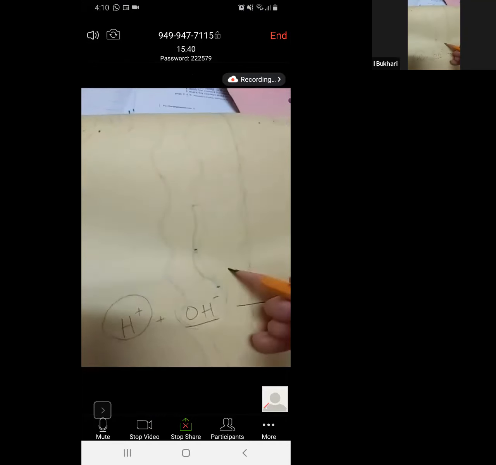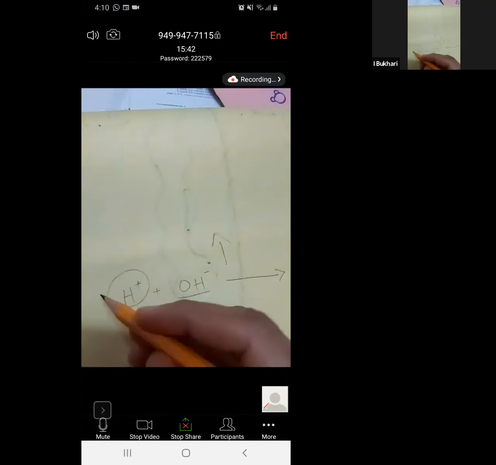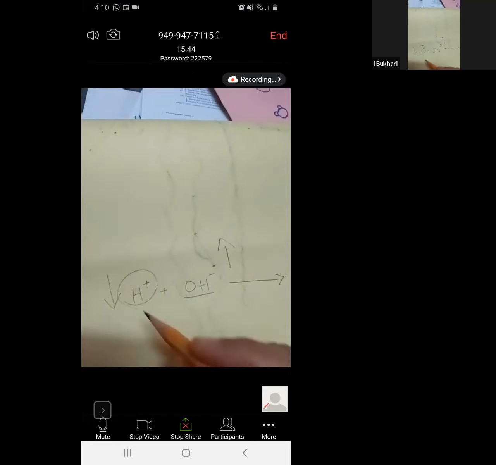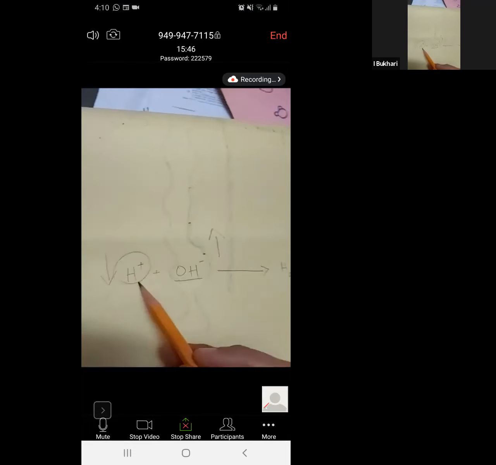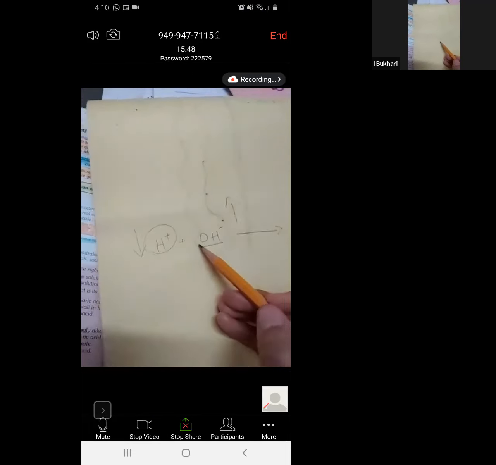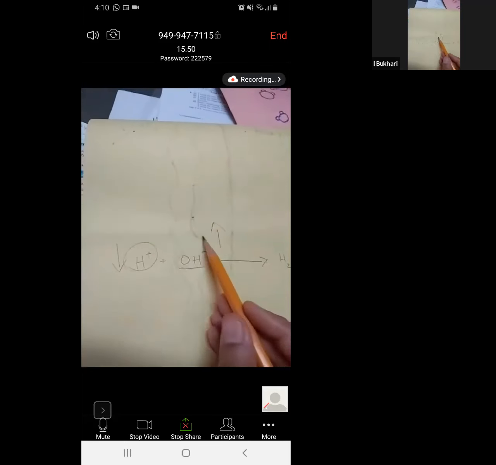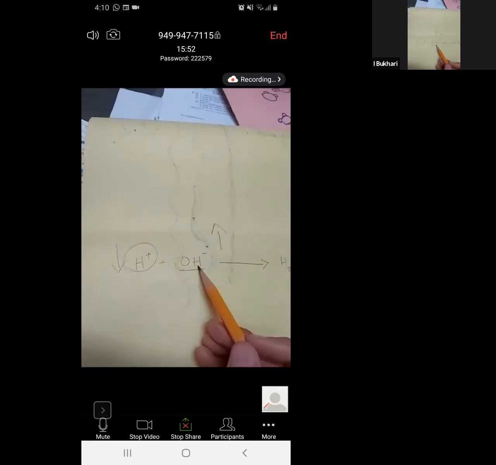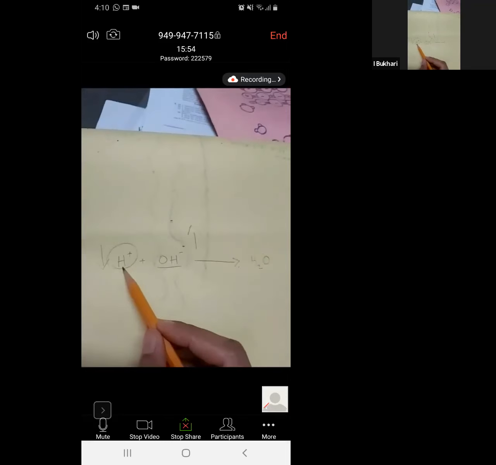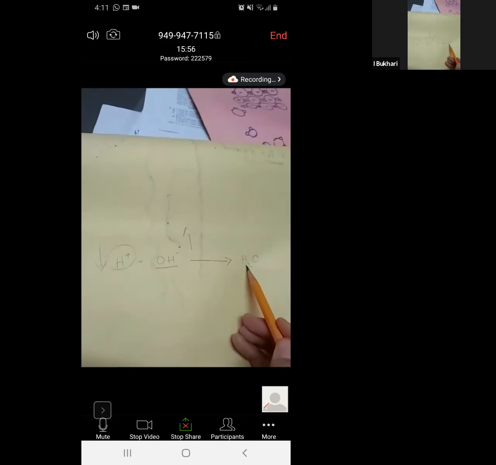So the pH will rise when this increases and this decreases, right? And this will only take place when there is an abundant amount of hydroxide ions reacting with enough hydrogen ions to give us the neutral water molecules.